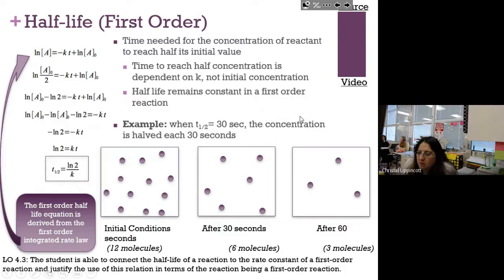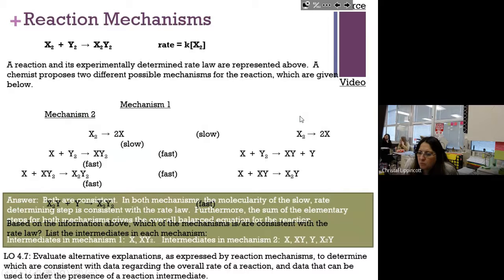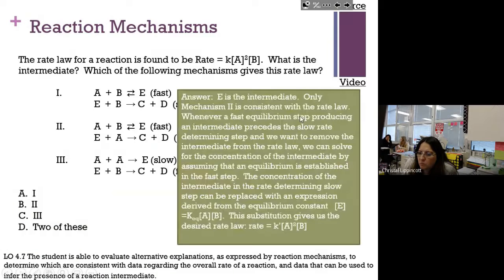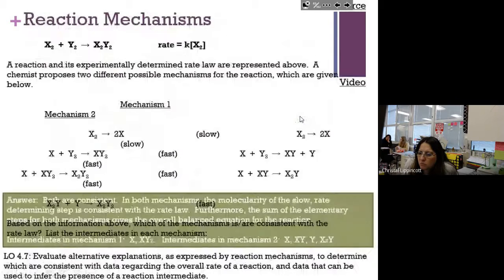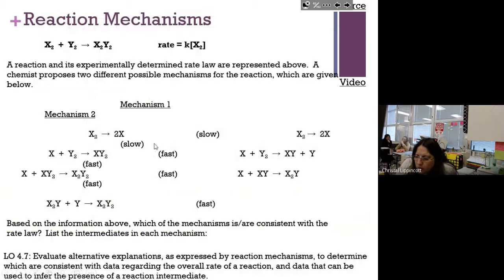All right, you had different conditions here. All right, did you have this one where you had, based on the information above, which mechanism is consistent with the rate law?